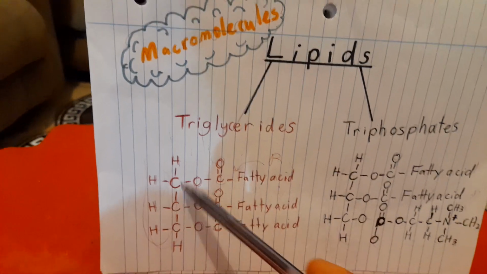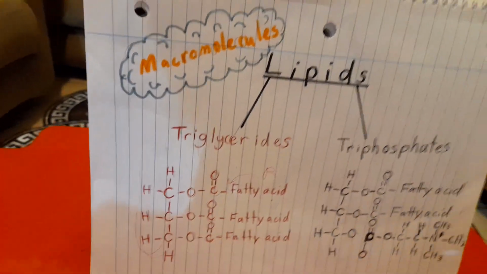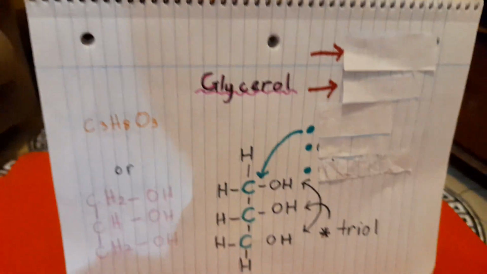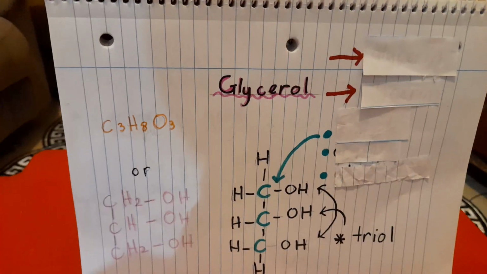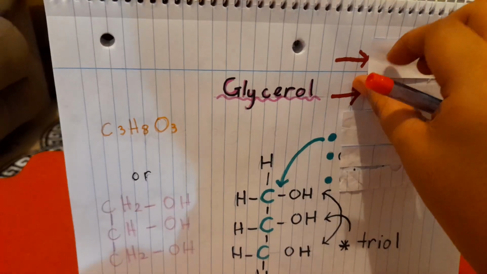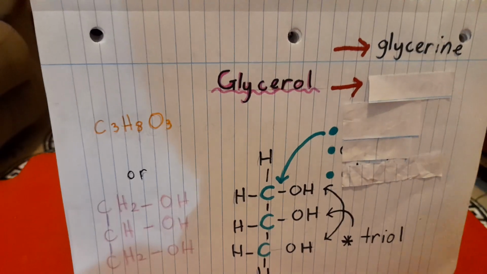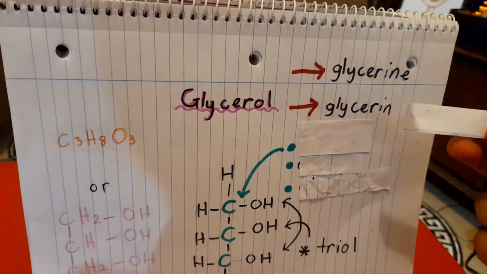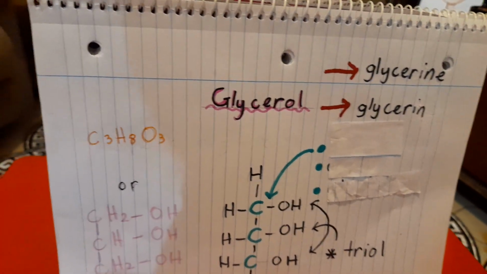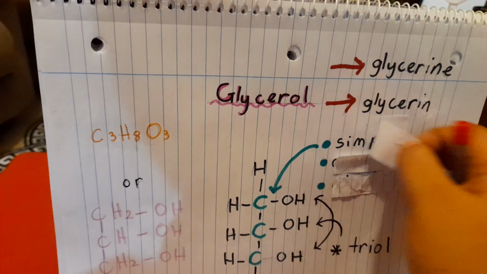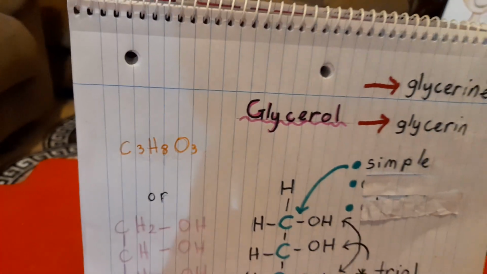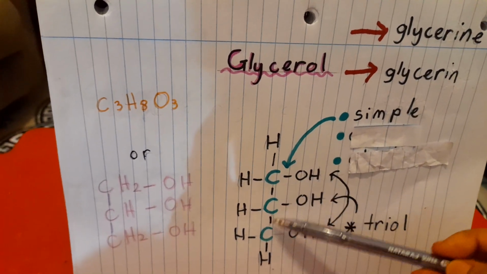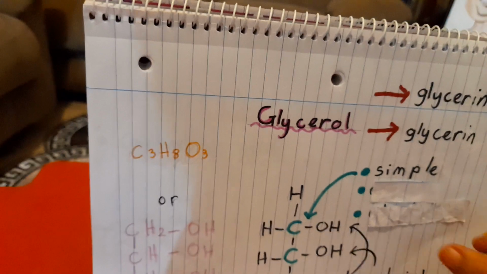But what is glycerol? Let's see. So glycerol is also known as glycerin, or glycerine. It's simple, as you can see it only has 3 carbons here.